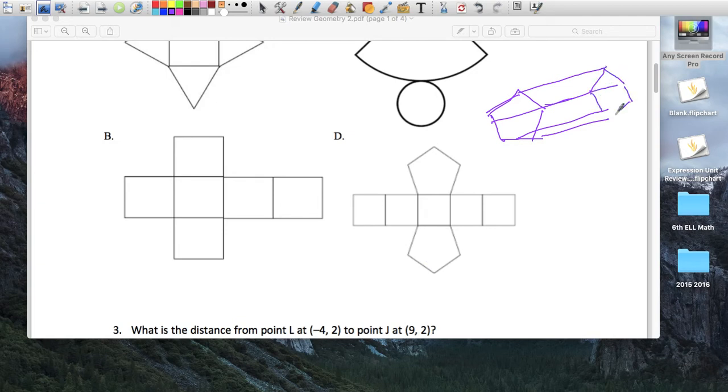Somewhat like that. So you got the idea, right? It's going to be a pentagon on this side, pentagon on this side, and these faces over here are all rectangles. So it makes it a prism, right? So this is going to be a pentagonal, is that a word? Pentagonal prism.